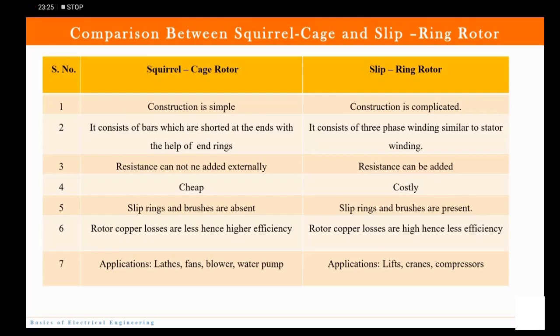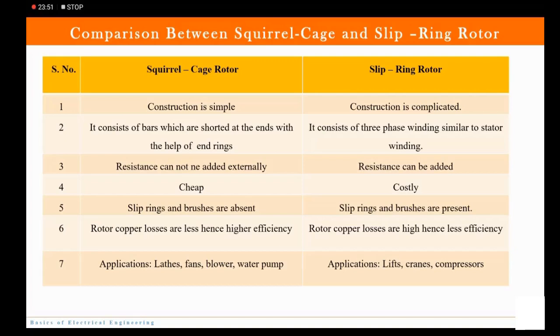Secondly, in squirrel cage rotor you do not have slip rings or brushes, whereas in slip ring rotor you have slip rings and brushes. Now the biggest advantage is in squirrel cage rotor copper losses are less, so you have higher efficiency, which is a problem with slip ring rotor. You have higher losses and hence the efficiency is less.